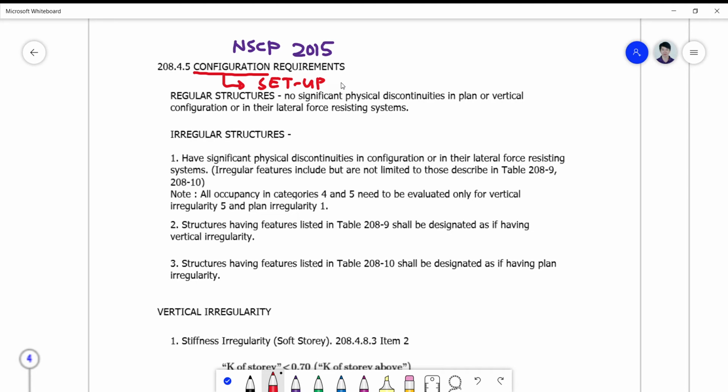So configuration requirements will allow us to be guided accordingly with how your building will be responding better to seismic forces.